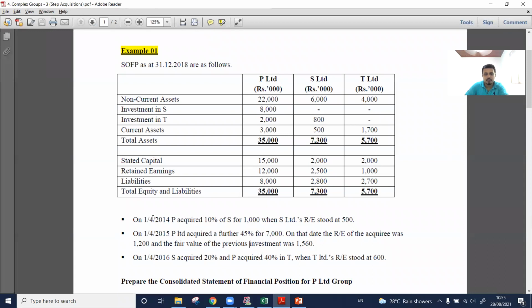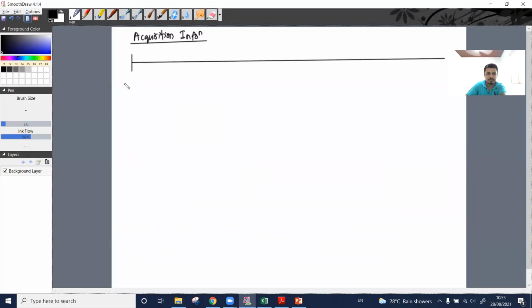On 1st of April 2014, P acquired 10% of S. What has happened?